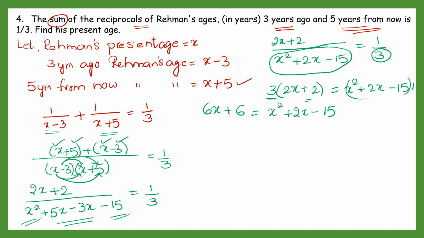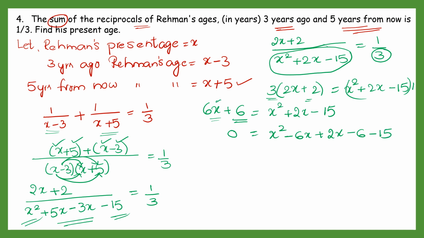So, if you take this 6x to the left side, it will become minus 6x, plus 2x. And plus 6 also, if it comes to the right side, it will become minus 6, minus 15.